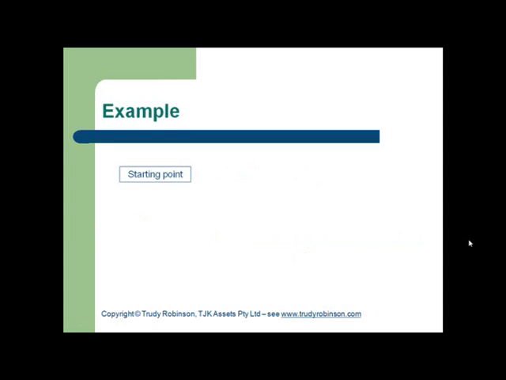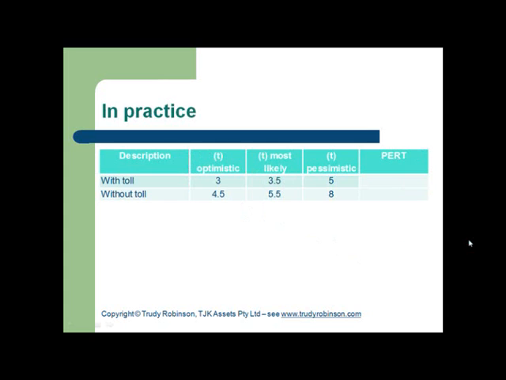So in the simple scenario of taking a journey, you'll have a starting point and a destination. You may be analysing two different options. First, travelling by a highway with no toll, and a far shorter distance which has the higher expense of a toll road. In practice, we would know that with the toll we would have an optimistic travelling time of 3 hours.